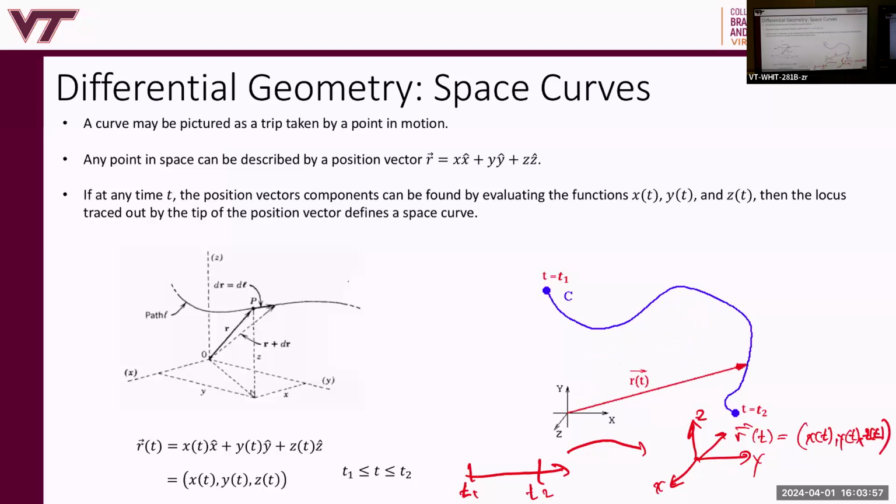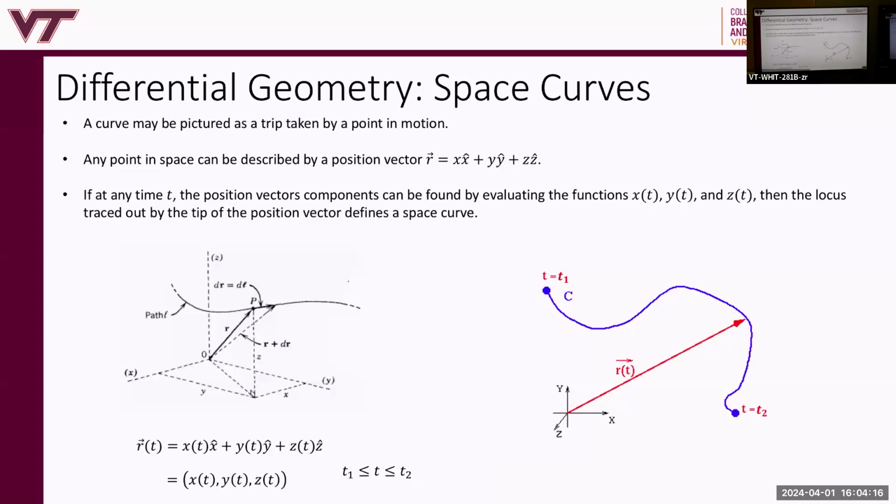So each point on this one-dimensional line maps through this position vector to points along the curve, R of t, x of t, y of t, and z of t.